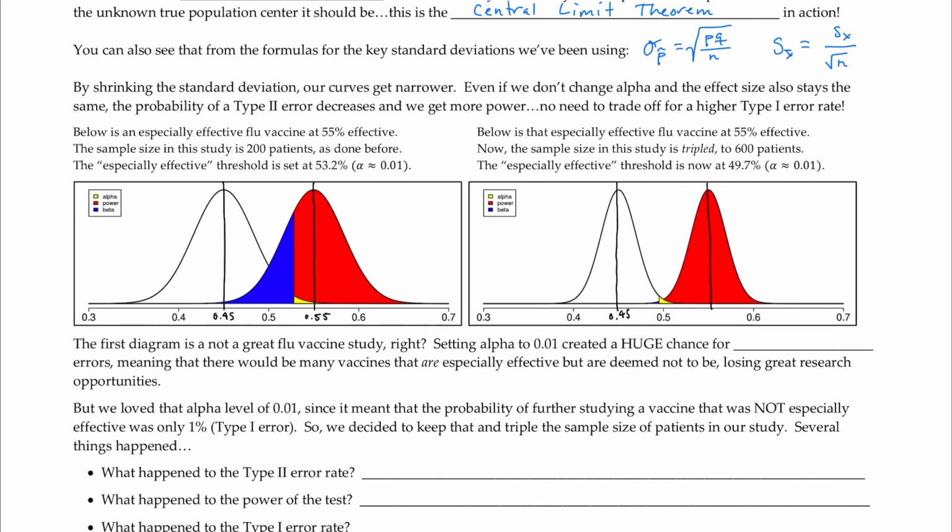On the right, that true center is also at 55%. So same null, same true centers. What this means is that the effect size for each of these is equivalent. Each of these has an effect size of 0.10.